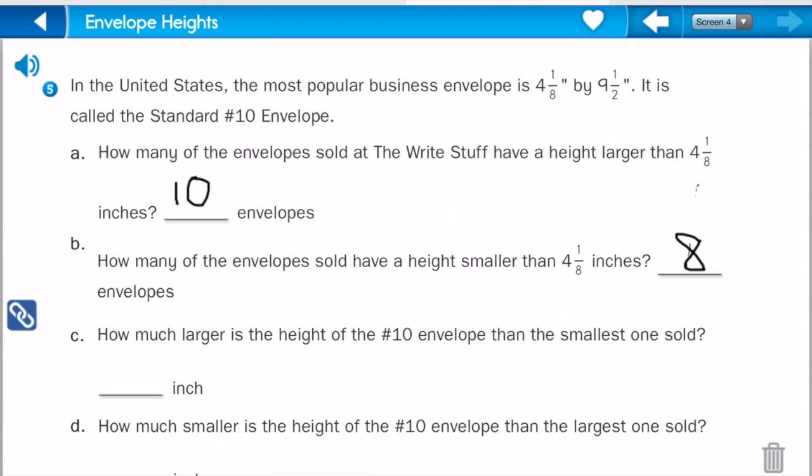Now our next two questions are, how much larger is the height of the number 10 envelope than the smallest one sold? So the number 10 envelope is 4 1/8, and the smallest one that we sold was 3 1/2.